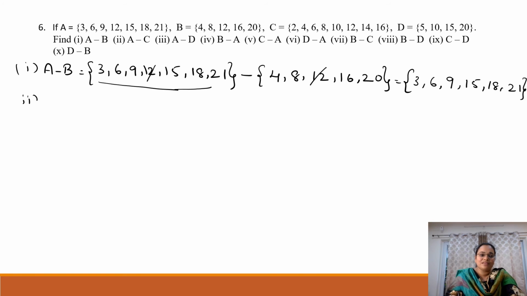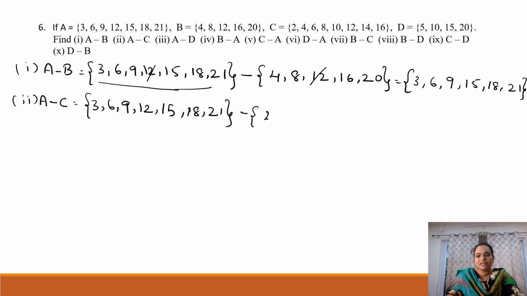The second one is A minus C. 3, 6, and so on up to 21, these are the elements in A. And what is C? C is 2, 4, 6, 8, 10, 12, 14 and 16.